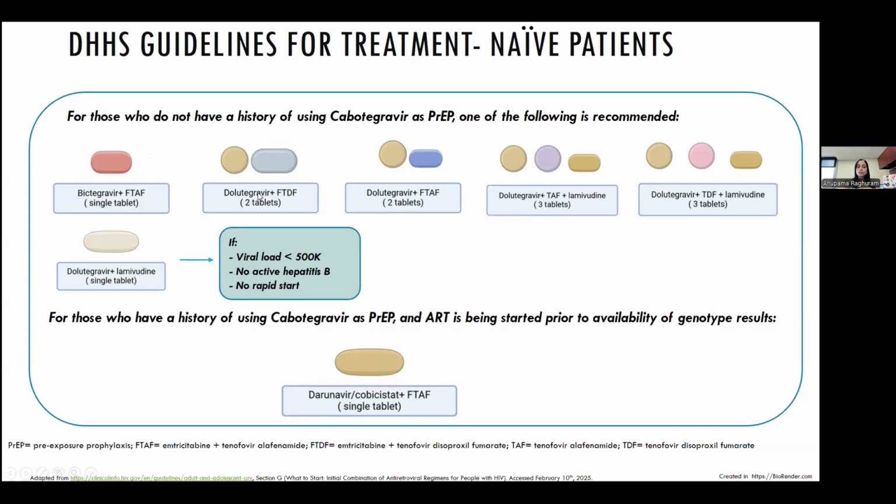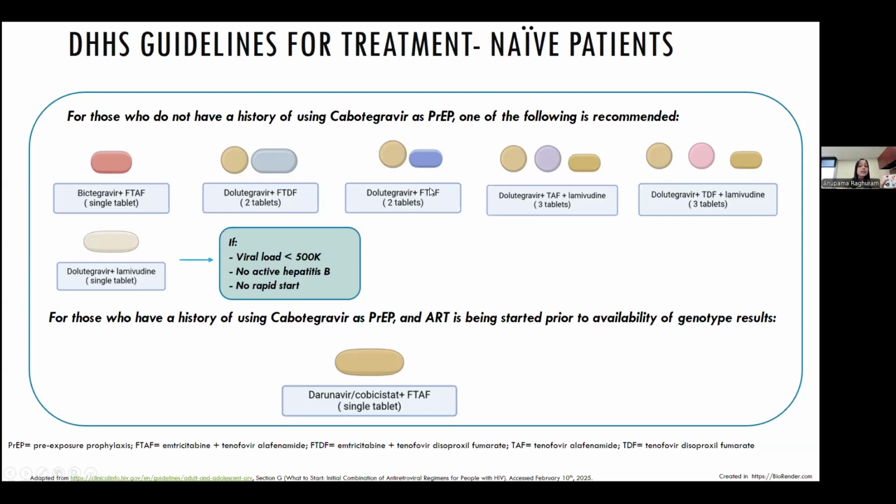Now, let's look at these other regimens. What do you have here? Dolutegravir. Every single one of them has dolutegravir, and now it's paired with either FTDF or FTAF. Now, if you remember that I told you that F stands for emtricitabine, and emtricitabine and lamivudine were mirror images of each other, then you can imagine that you can just substitute that emtricitabine from the F to a lamivudine.